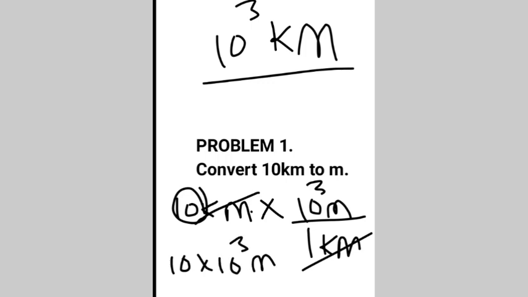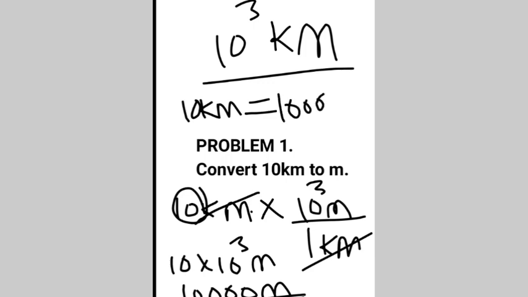What is 10 multiplied by 10 power 3? Of course, this is 10,000 meters. So 10 kilometers is the same as 10,000 meters. Make sure that you understand this.